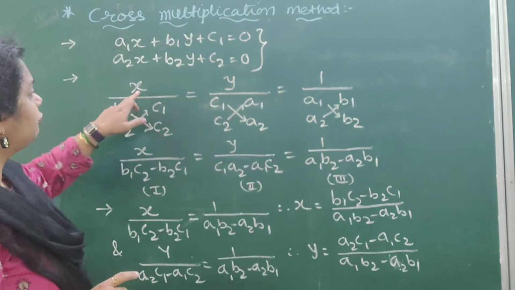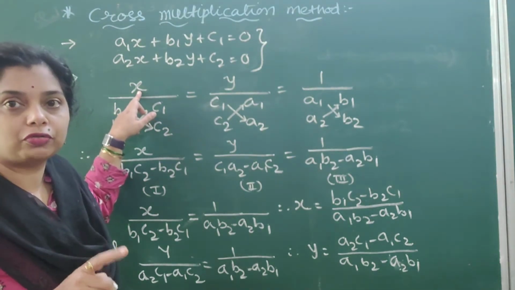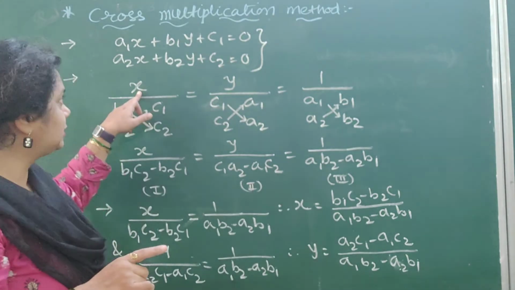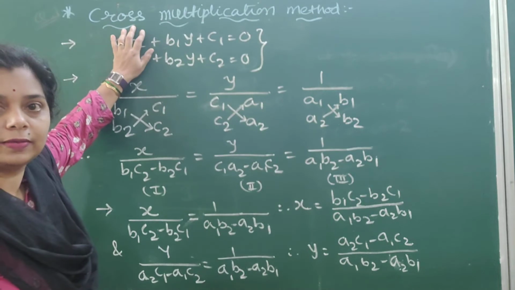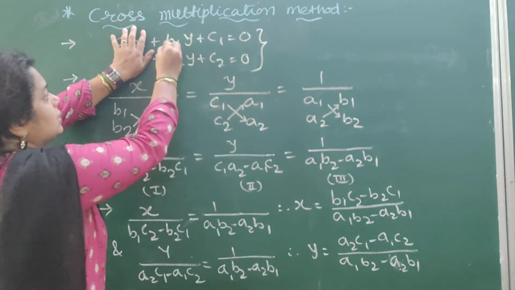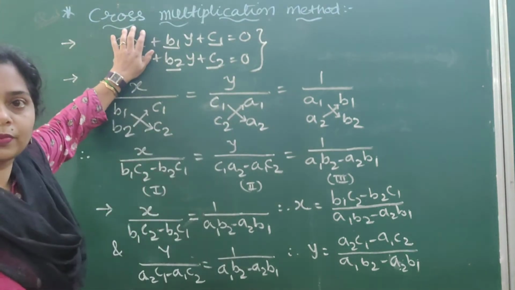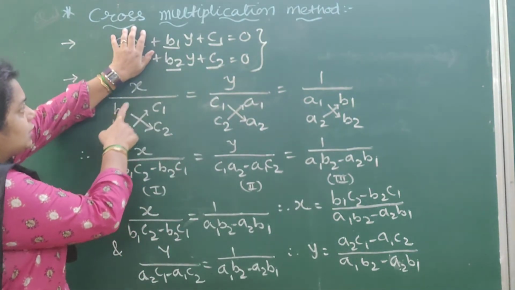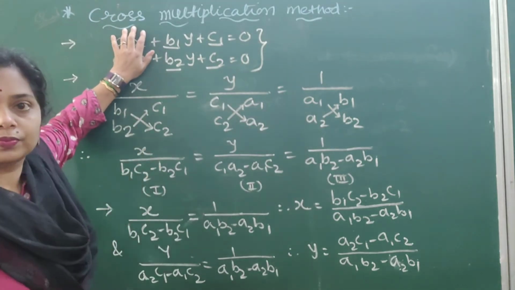Now, how to write? First of all, if we want to write a coefficient of y and constant below x, we have to just simply hide this thing. So, you can see that this is b1, b2, c1, c2. So we can just write as it is b1, b2 and c1, c2.